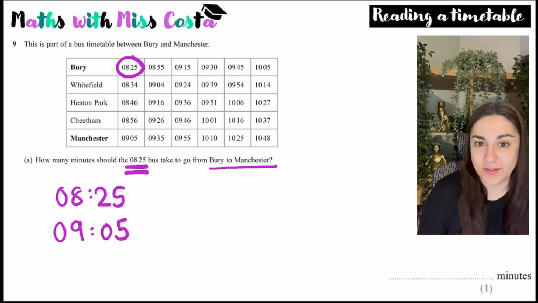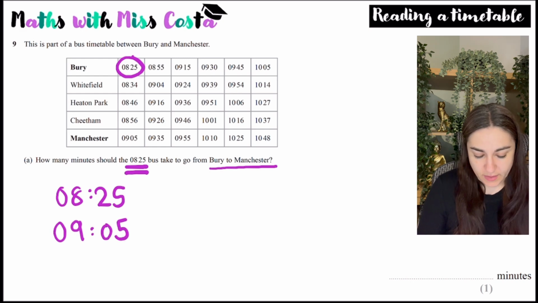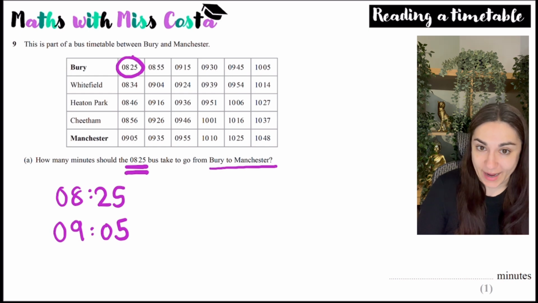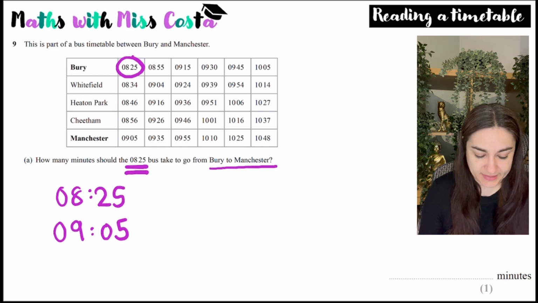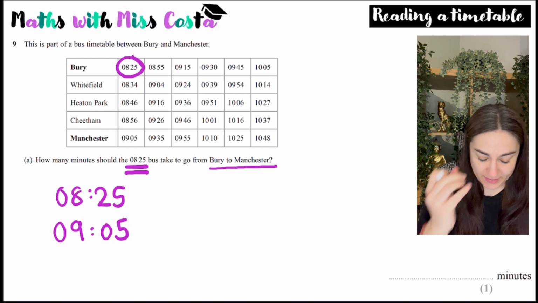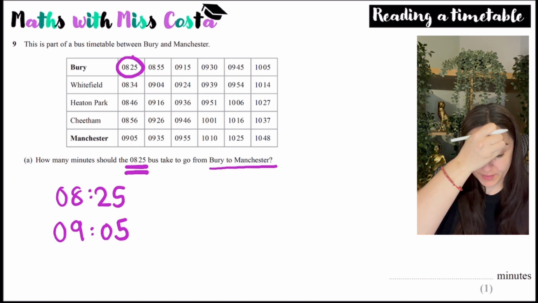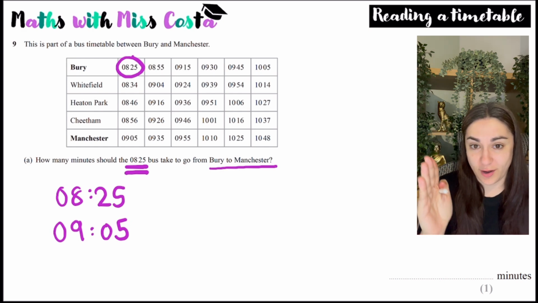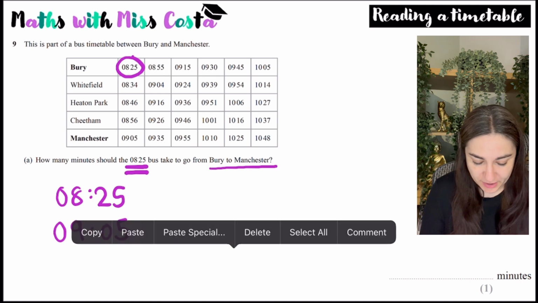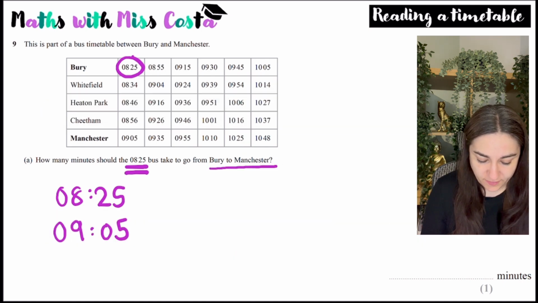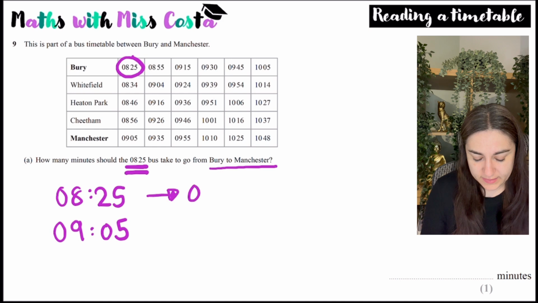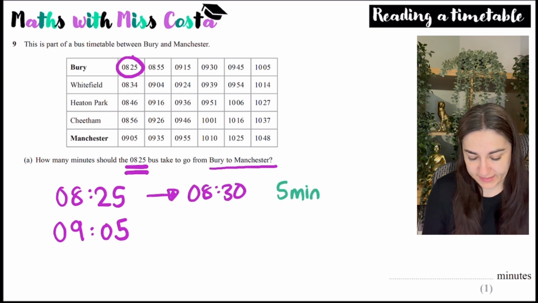Now time is quite a tricky thing to do because there are 60 minutes in an hour. So people sometimes get confused by trying to do it with hundreds. The best thing to do is just find your way to each half or full hour. So I know that to get from 8:25 to 8:30, that would take 5 minutes.